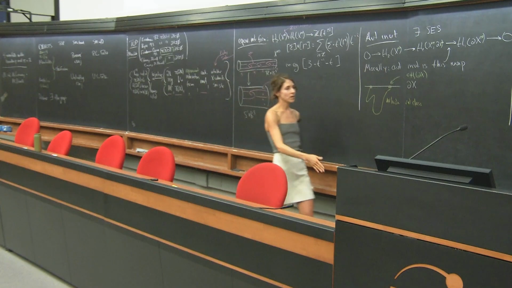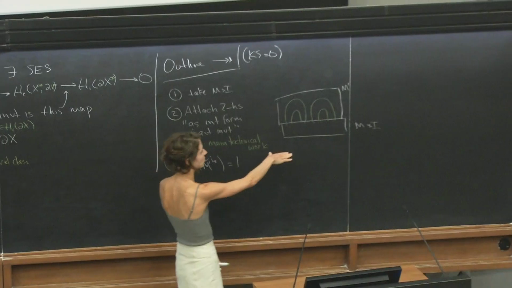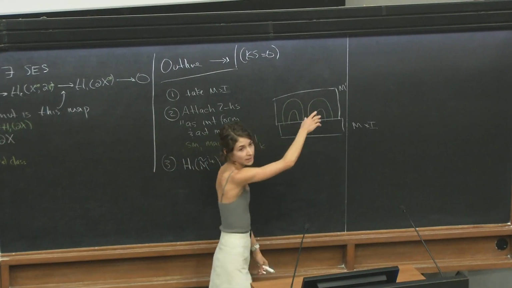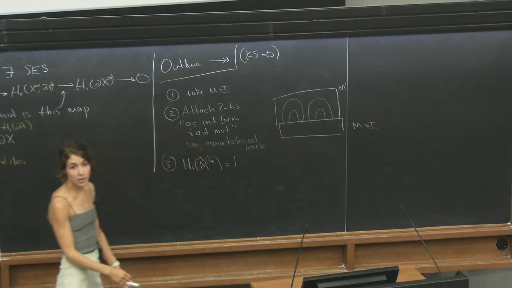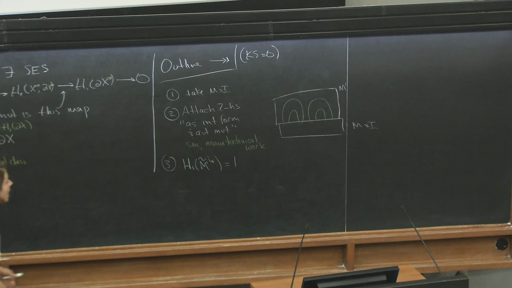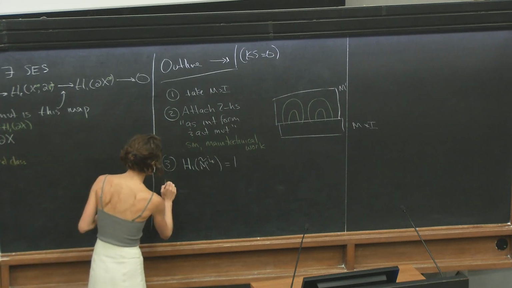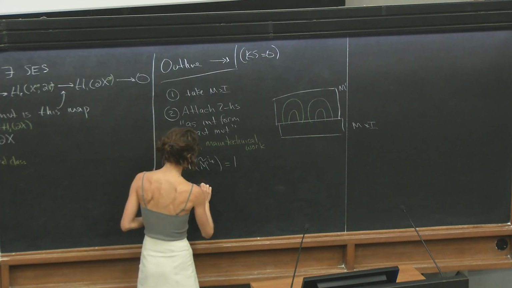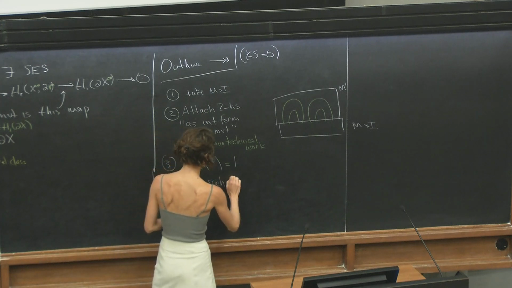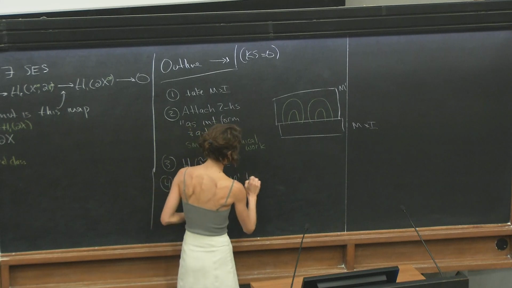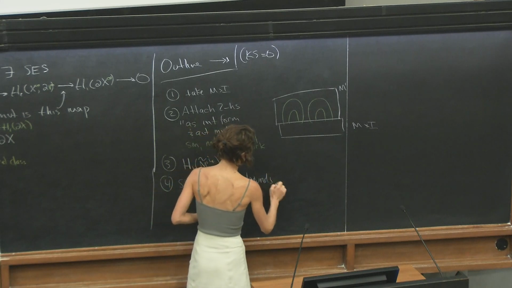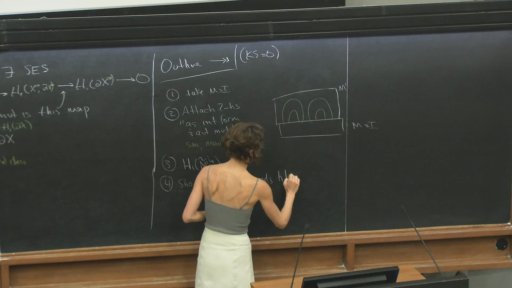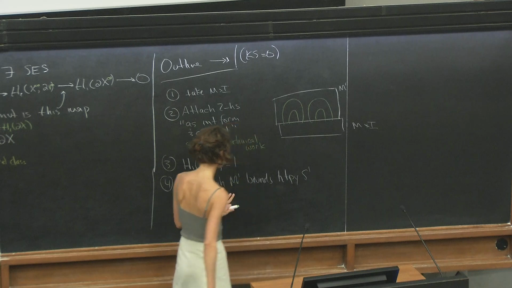And what you show here is that after you finish adding your 2 handles, what you get is something like an analog of being an integer homology sphere. And the reason you want to know that is because you can show that such a manifold, such an M prime, bounds a topological homotopy S1.